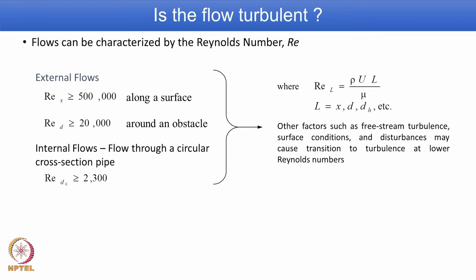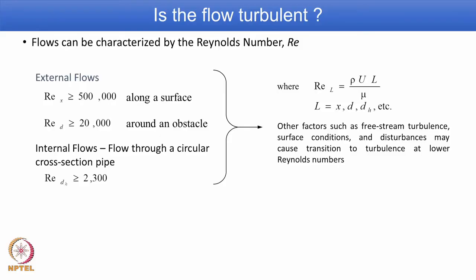Roughness plays the role of enhancing the turbulence. So, for the same geometry, the same velocity scale, the same length scale, if you have introduced roughness, then the flow may become turbulent even before the 2300 defined here. Similarly, any disturbance created upstream may cause transition to turbulence even at lower Reynolds number.